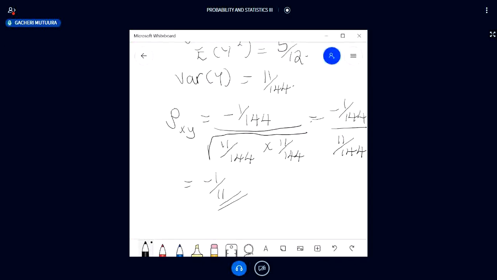Very weak because it is even less than 10%. The R squared is at about 8%. That is quite weak, a very weak negative correlation between x and y.